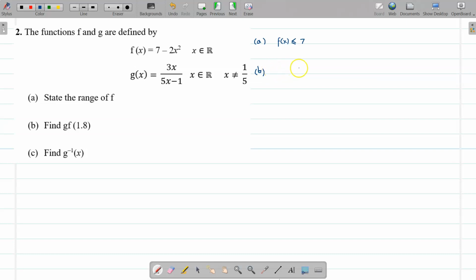I'll start writing the function g down, which is 3, and then x, but instead of x I'm going to write what I would get if I put 1.8 into f, which is 7 minus 2 times 1.8 squared. So that square bracket is replacing my x in here, and I've got to use the same square bracket again with the 5 next to it here.